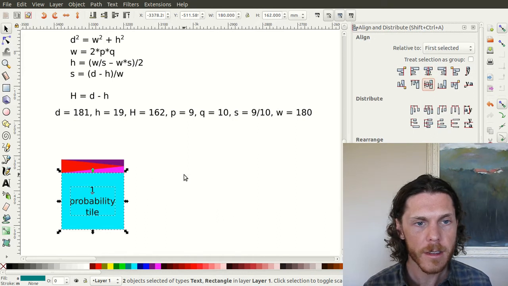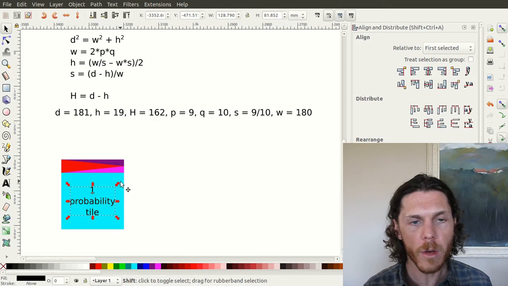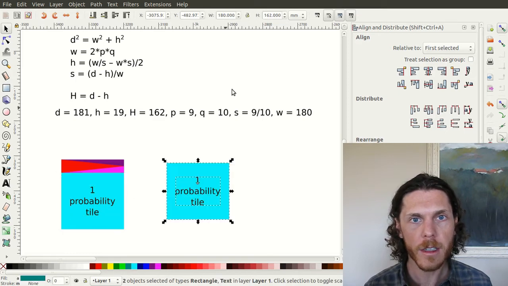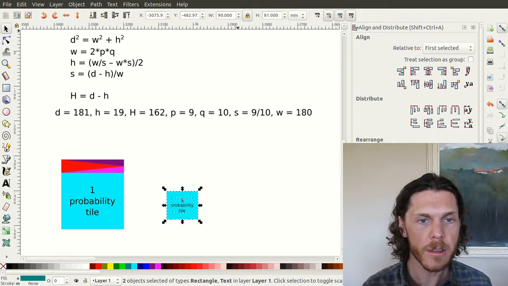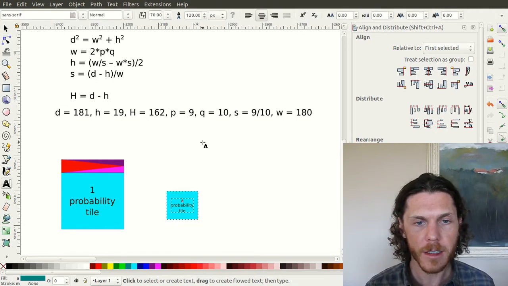So the question wants to know when do we reach 1/2? And taking this 100% probability tile, dividing it by 2, now we've got 1/2 of that, or the 50% probability tile.